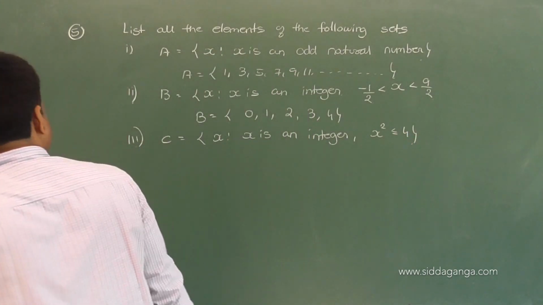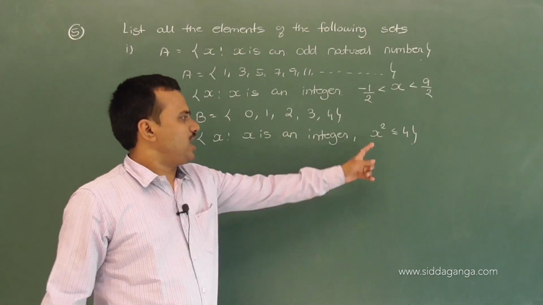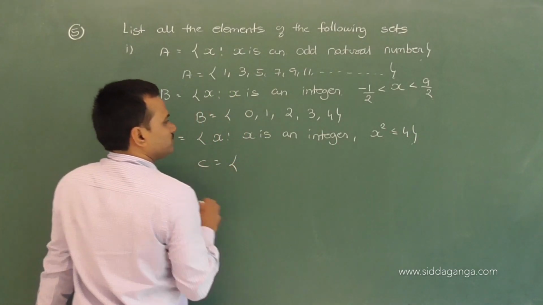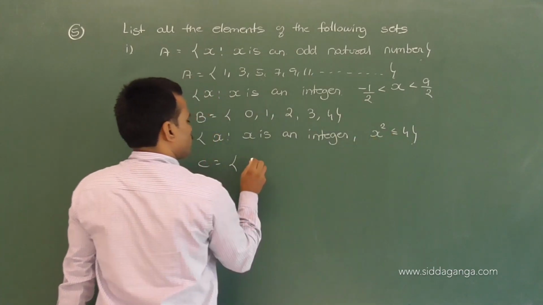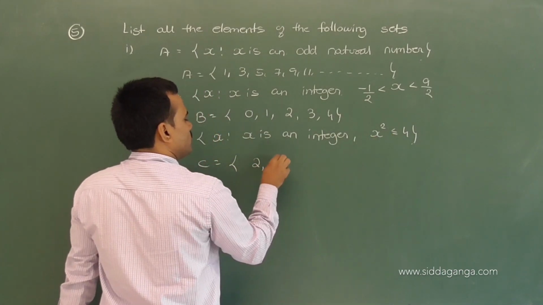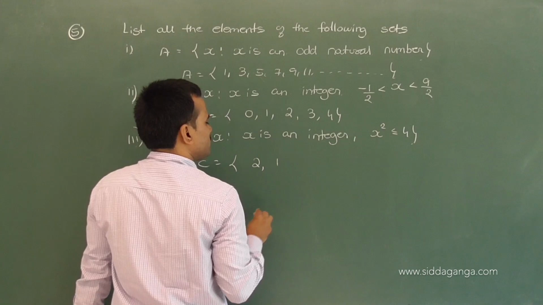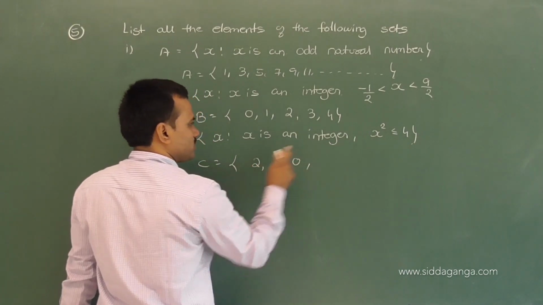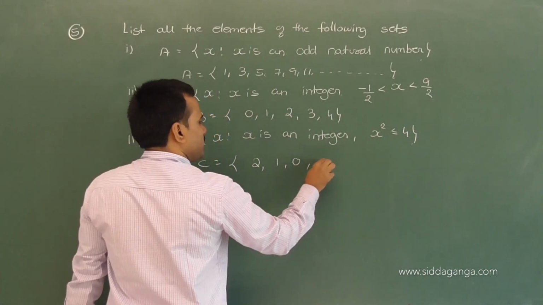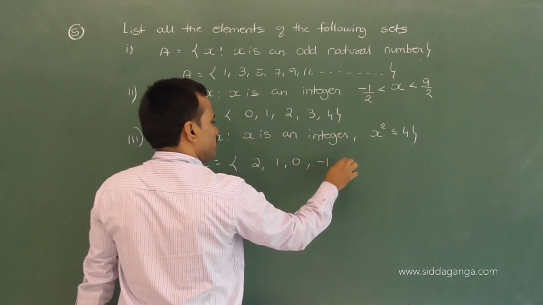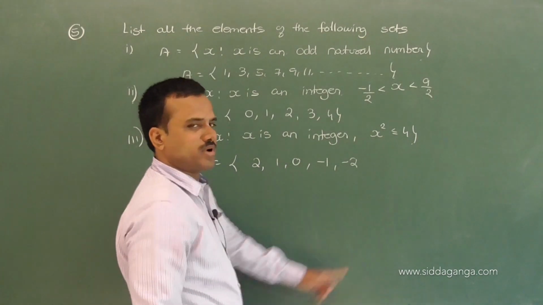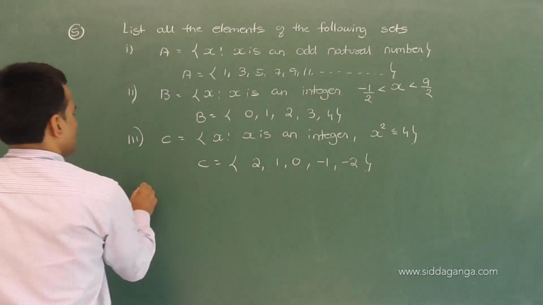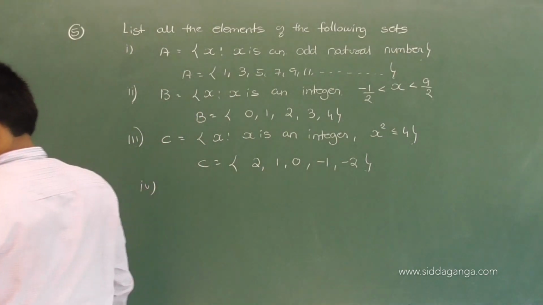We write 2 square is 4. 1 square is also less than 4. 0 square is also less than 4. 3 square is greater than 4. Minus 1 square less than 4. Minus 2 square less than 4. Minus 3 square greater than 4. These are the elements.